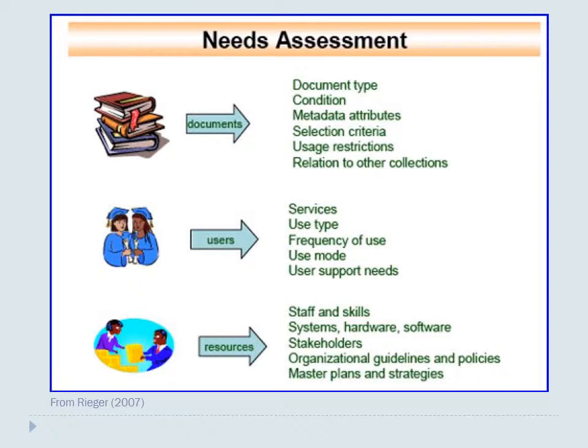In this case, the needs assessment really needed to look at not only the types of documents that might be included, but also what the users wanted, what types of support they needed, and the resources necessary to make the systems work and be successful. Many of the early adopters of institutional repositories did not do the background work and study that they really needed.